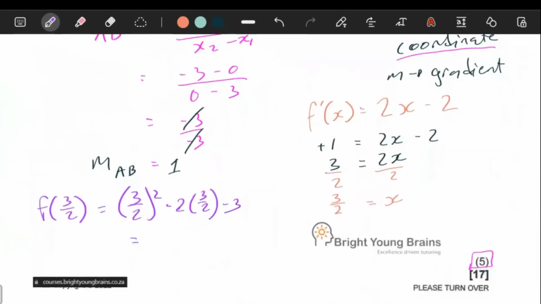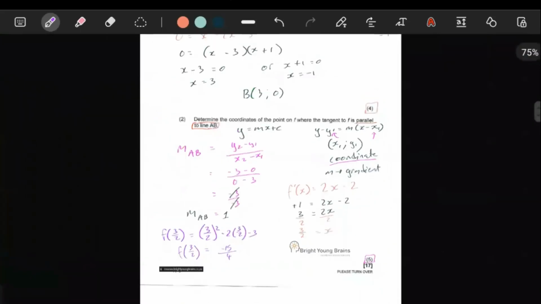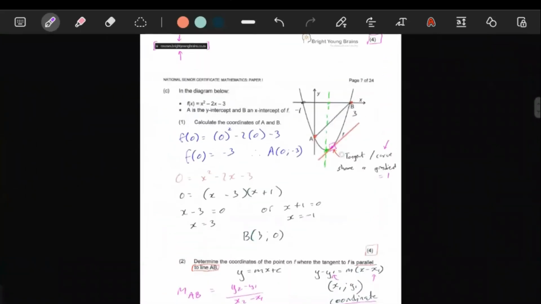Now, in your calculator, let's see what we're going to get here. 3/2 squared, and then 3/2, minus 3. That's like -15/4. So this is telling us the coordinate where the graph is meeting the tangent, which is over there.